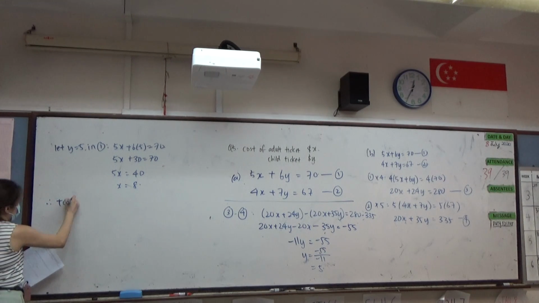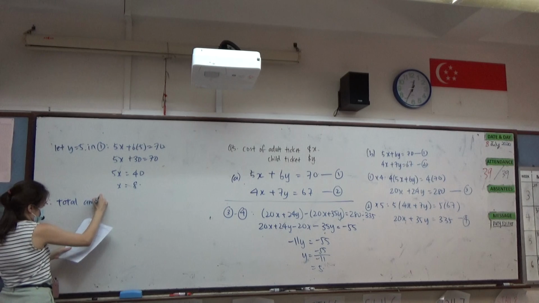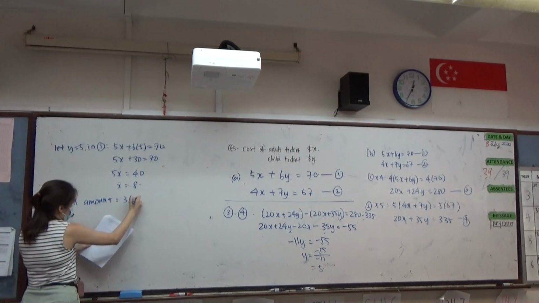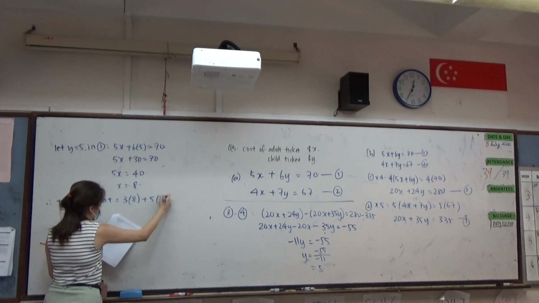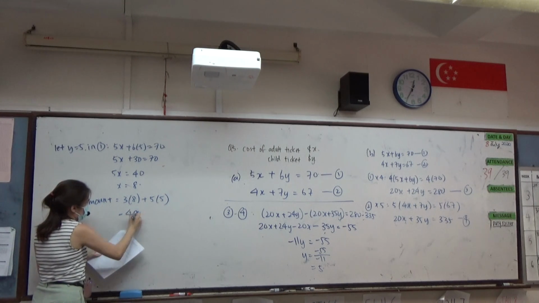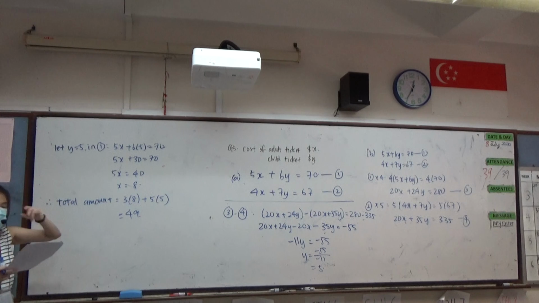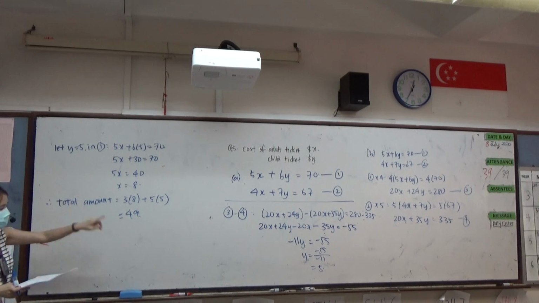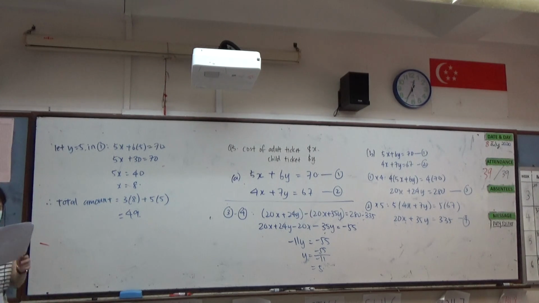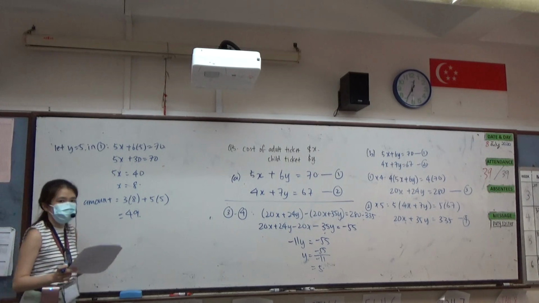So therefore, total amount will be 3 times of adults, so 3 times 8, plus 5 children, so 5 times 5, that will be 49. Okay, so answer is $49.